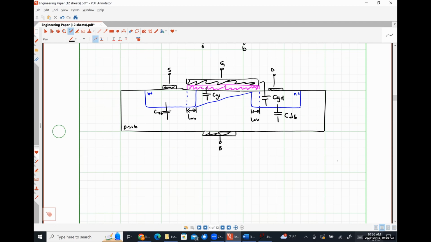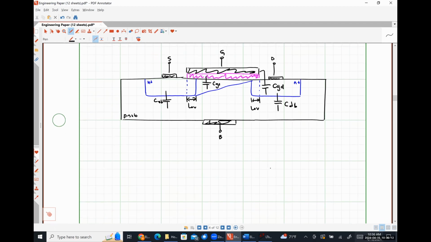Additionally, the overlap of the gate over the source diffusion region yields a capacitance C overlap. And so what we find is that CGS is 2/3 WL times our oxide capacitance per unit area.